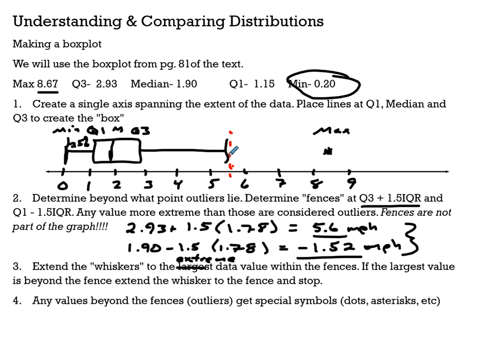If the maximum and the minimum values are within the fences, that's where the whiskers go to. For instance, if the maximum value was 5, this whisker would only extend to 5 and stop. But it didn't. The maximum value is 8.6.